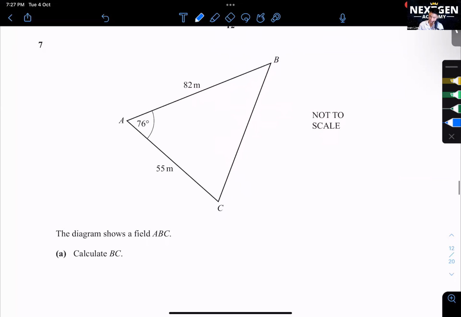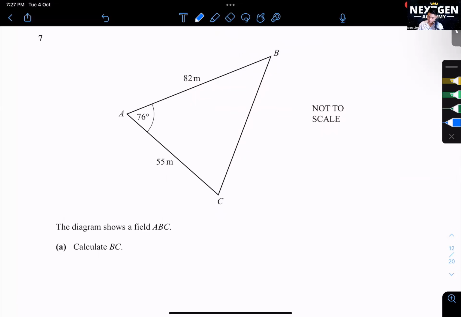Question 7. Calculate BC. For triangles, make sure you all know your formulas. I want you all to please memorize these: sine rule, cos rule.